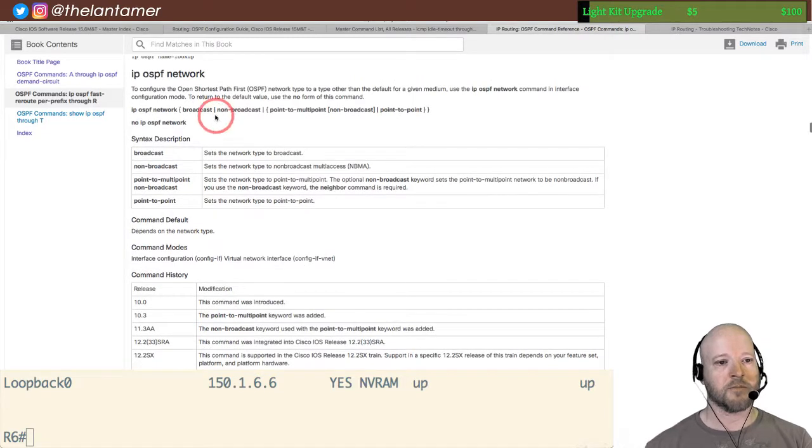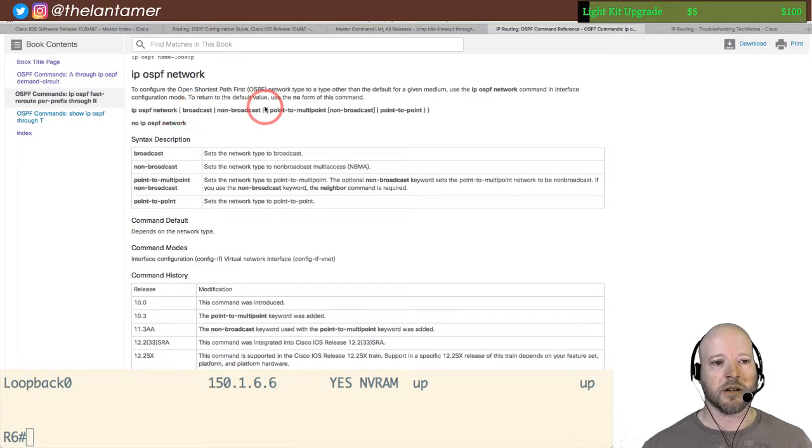Okay. So let's just kind of reacquaint ourselves here. To configure the OSPF network type, other than default for given medium, which the default is disabled, use the IP OSPF network command, configuration mode.